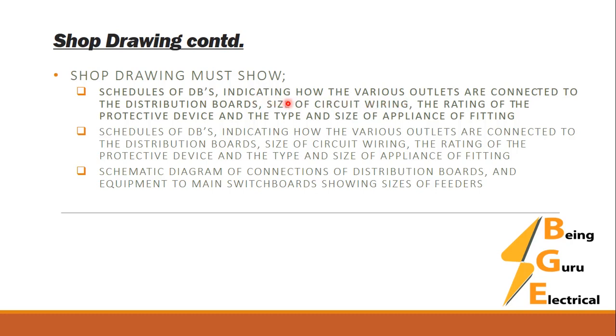Then second, we need the size of the circuit wiring, the rating of the circuit breaker, and the type of cable. The name of the appliance or the kilowatt rating of the appliance should be there in the distribution board schedule. So this is the detailed drawing for the distribution board schedule.